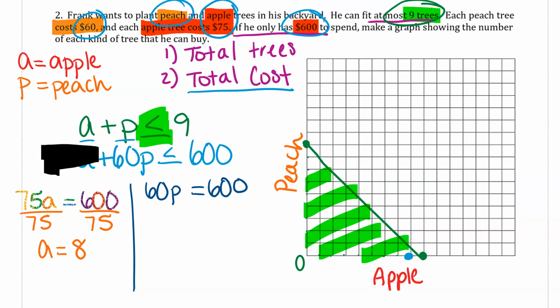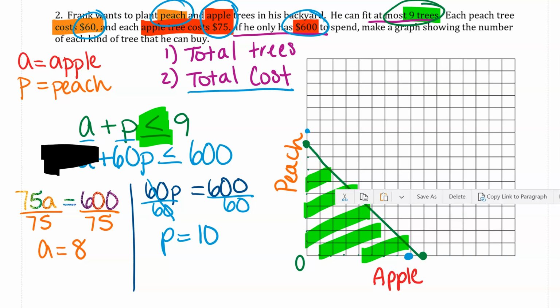That one's a little bit easier to divide than 75. 600 divided by 60 is 10. So I could have max 10 peach trees. So 10 is the dot I'm going to put on the peach axis, right above the 9 that I put earlier.